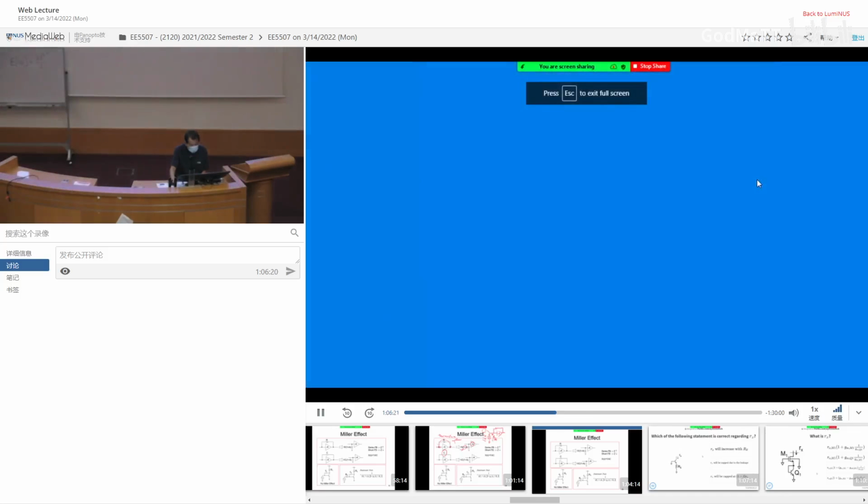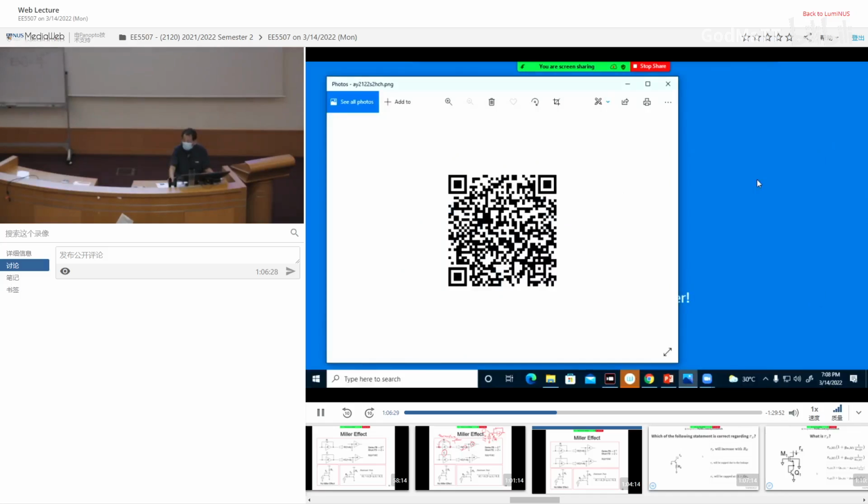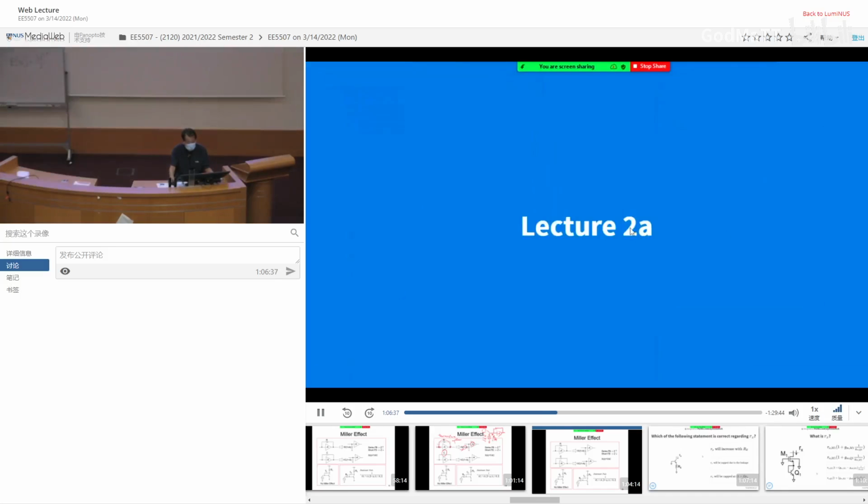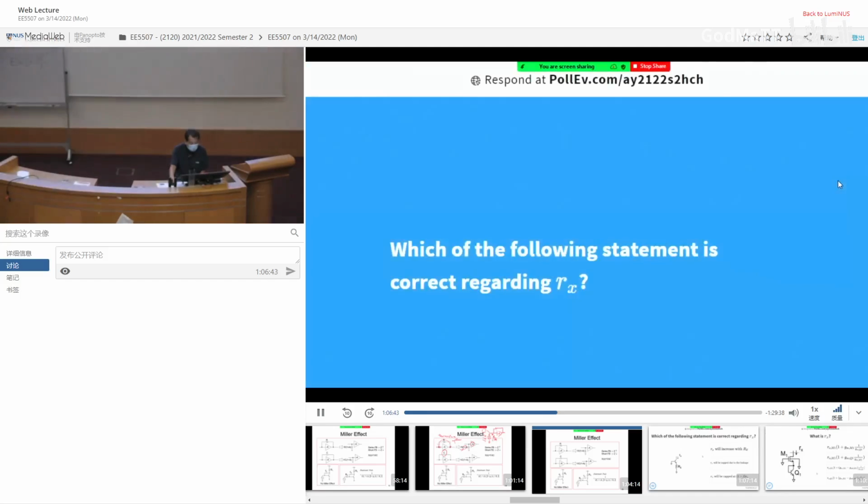Are you able to see the question on your cell phone? Oh, haven't scanned. Done? Okay, are you able to see this on your cell phone screen? Get ready, huh? Okay.